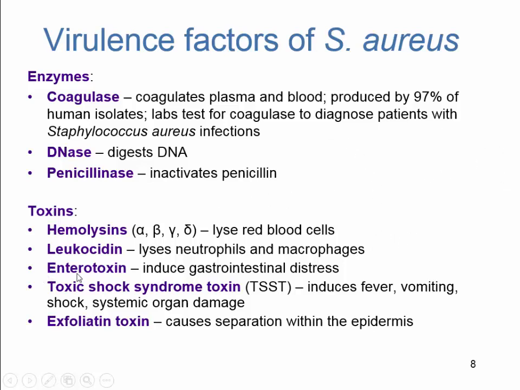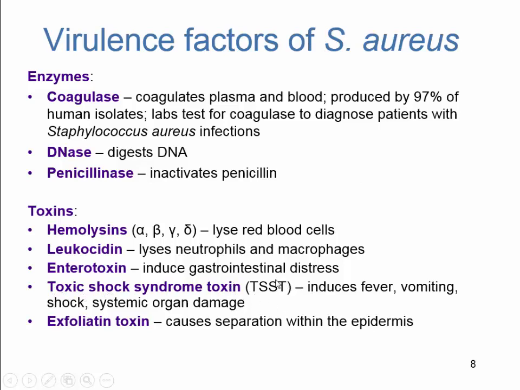Staphylococcus aureus can also cause the secretion of enterotoxins, entero meaning targeting enterocytes. So these are going to induce gastrointestinal distress, especially if you have a foodborne infection from Staphylococcus aureus. It also produces a toxic shock syndrome toxin.